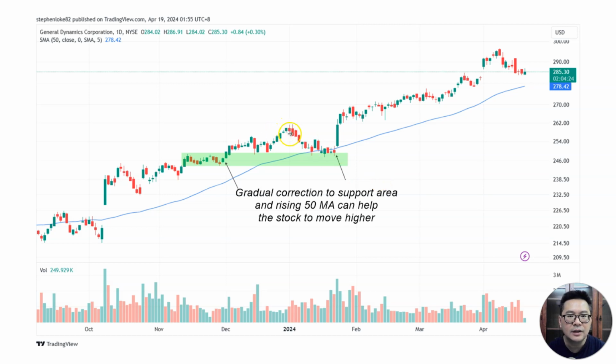So when you see a gradual correction to a rising 50 MA and also there is a price support on the left, remember when you look at the 50 MA, always look to the left for price support. If you see gradual correction to the 50 MA and the price support, it can really help the stock to move higher. And because a rising 50 MA points to midterm bullishness, if you buy here, you can actually ride the stock higher for quite a long time.